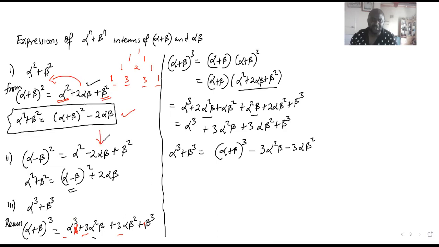This one is the same ideology with this one, but I said we should never use this because this one has a subtraction, yet our sum of roots has an addition. That is the only way we can borrow from this. But just in case something shows up differently, that's when you can think about it. But rarely can we have a subtraction of the roots.